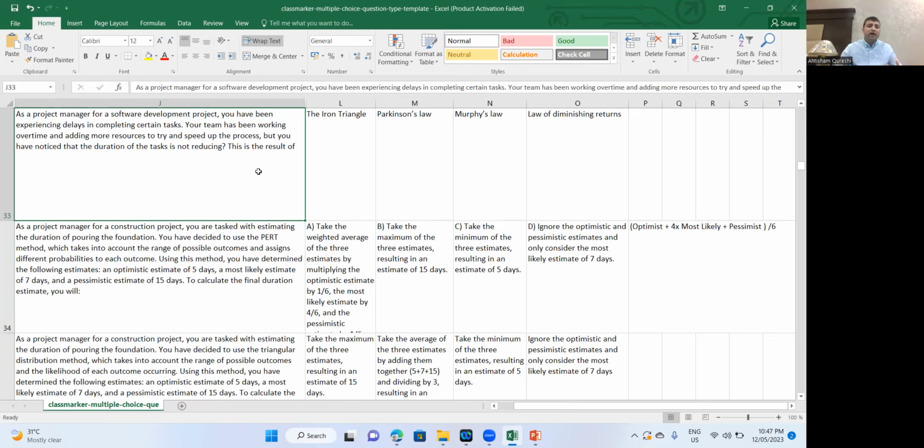So if you have 1 month, you will do relaxed preparation, and the activity expands to the time available. Here there is nothing like that. Here you are adding more resources, and your team was working on our time, and then you added more resources to try to speed up the process. But you have noticed that the duration of the task is not reducing. What is in action? Don't you think the law of diminishing returns is in action?